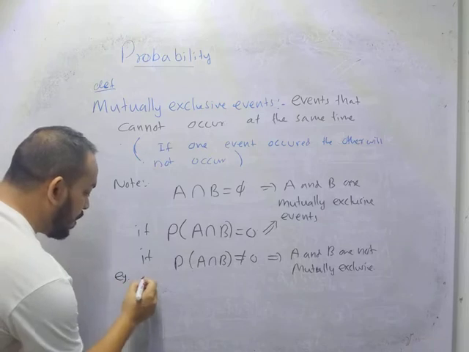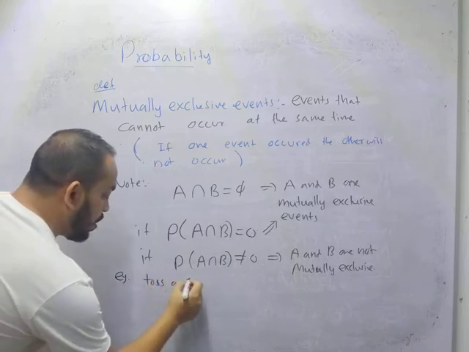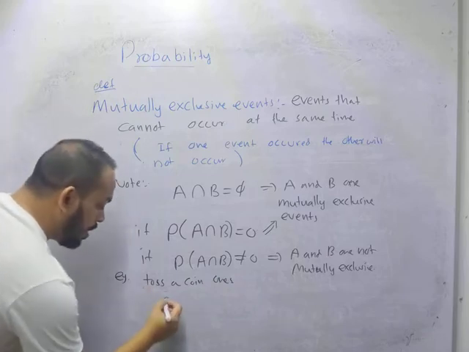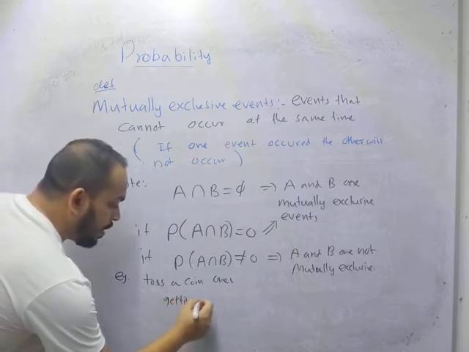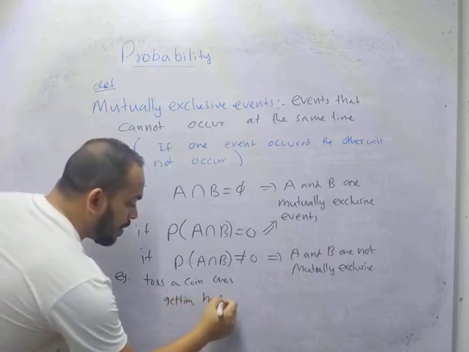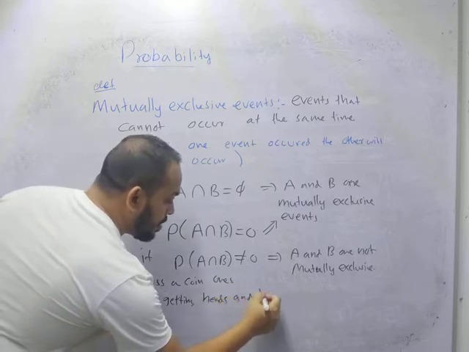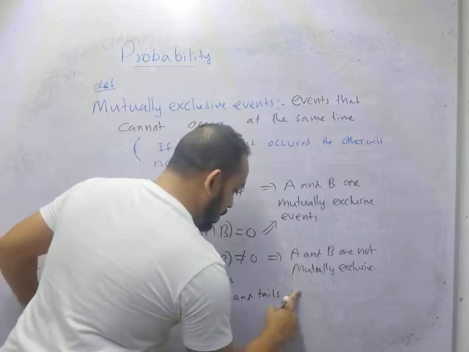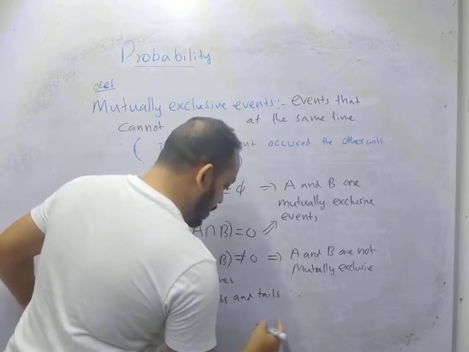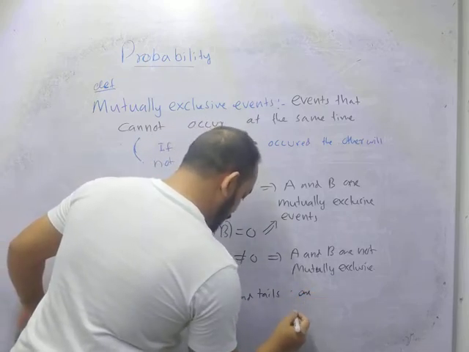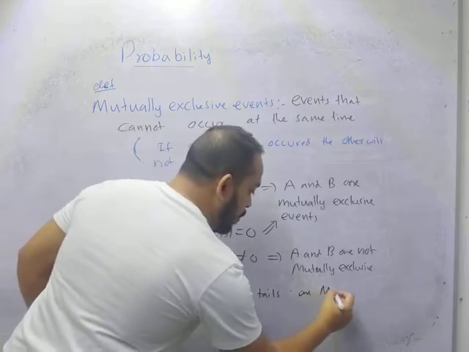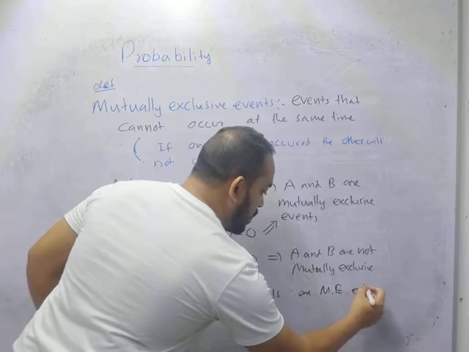Examples: toss a coin once, right? Getting heads and tails, heads and tails in this case are mutually exclusive events.